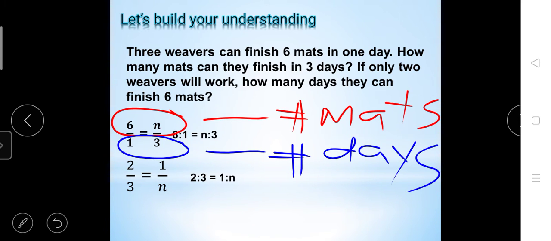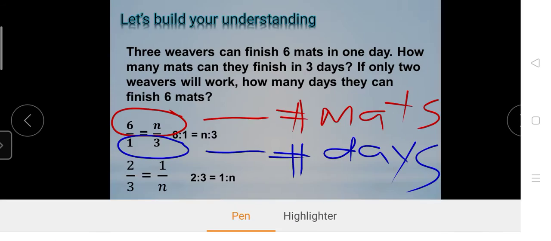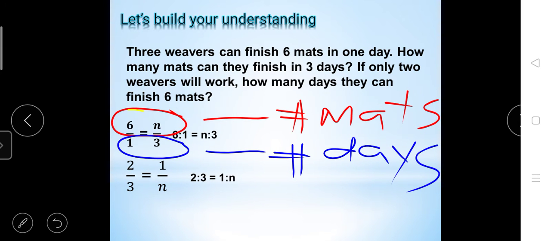Okay, so grade 5, make sure that in writing your equation, hindi nyo maipagpapalit. Okay, let's say halimbawa, yung sa first fraction nyo, yung nasa numerator nyo is mats, and then sa denominator is the number of days.